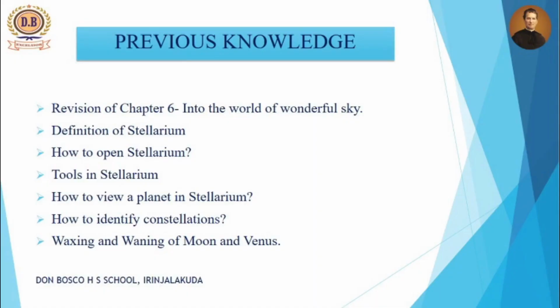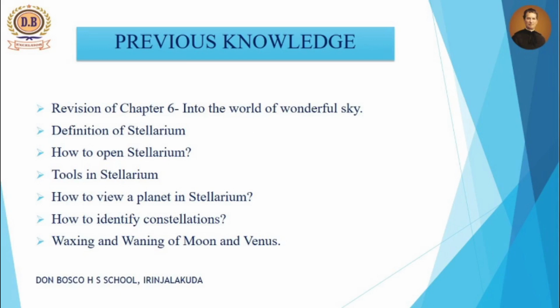In the previous class, we have done the revision of chapter 6. The chapter name is Into the World of Wonderful Sky. And we have studied the definition of Stellarium, how to open Stellarium, some of the tools. We have studied 5 tools in Stellarium: location window tool, search window tool, date and time window tool, ground window tool, Center on selected object.